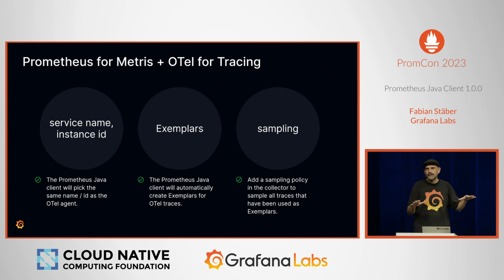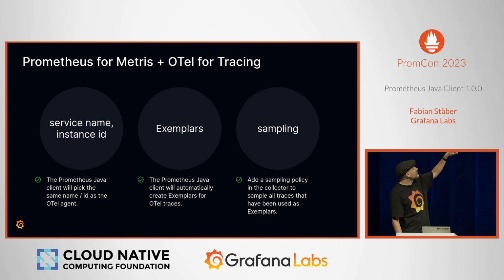And the way OpenTelemetry works, it's on purpose designed as a loosely coupled standard, with different components. And so it allows users to pick and choose the parts of OpenTelemetry that they like without forcing them to use the other parts.